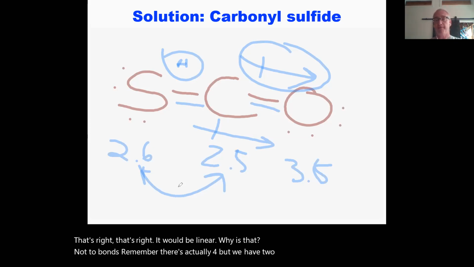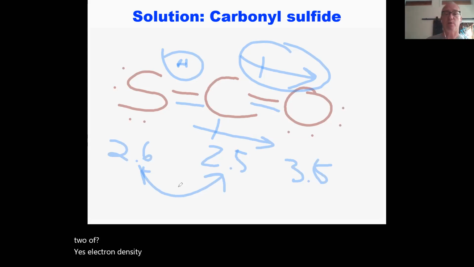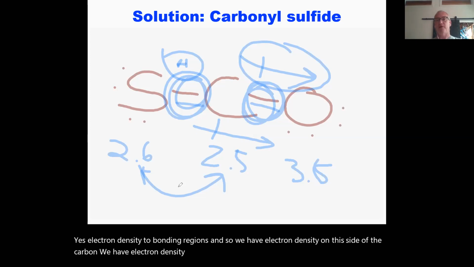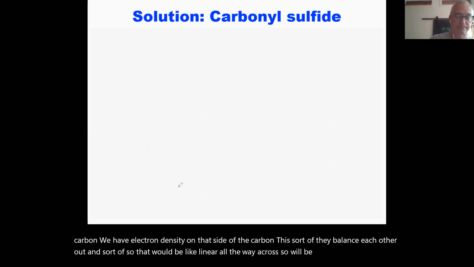What do we have 2 of? Electron densities? Yes, electron density, 2 bonding regions. And so we have electron density on this side of the carbon and electron density on that side of the carbon. They balance each other out, so that would be linear all the way across. So it would be linear and it would be polar.